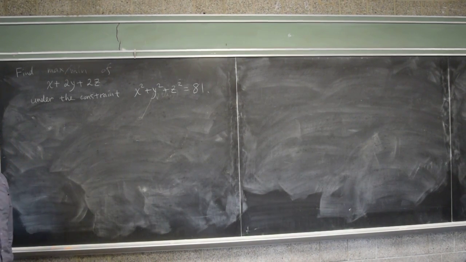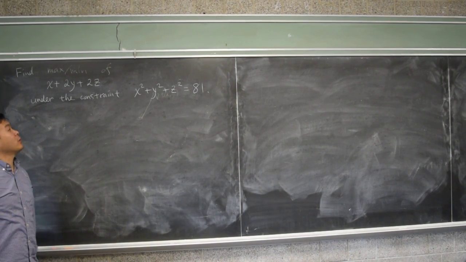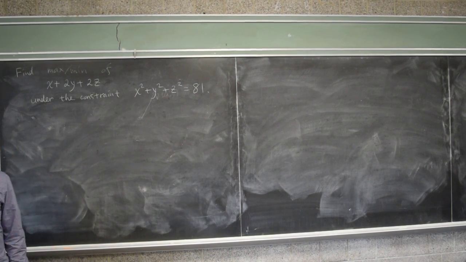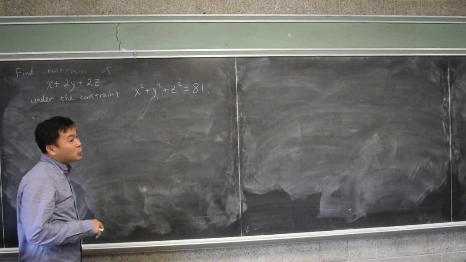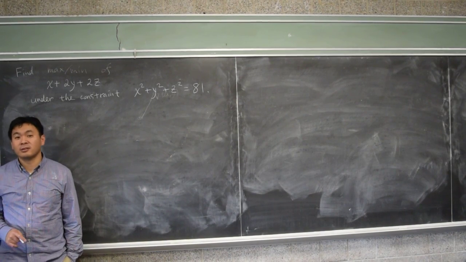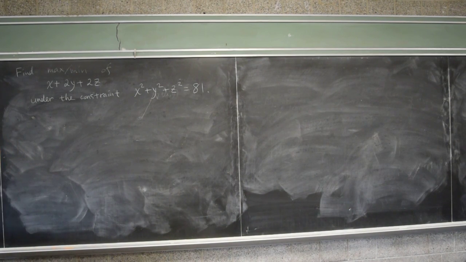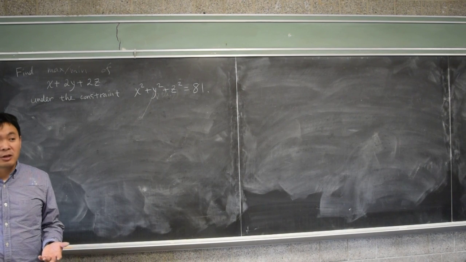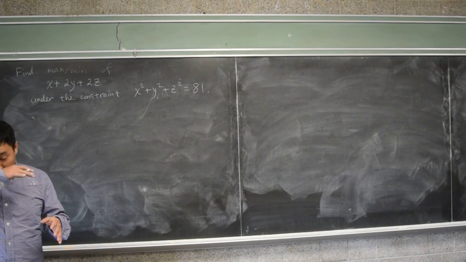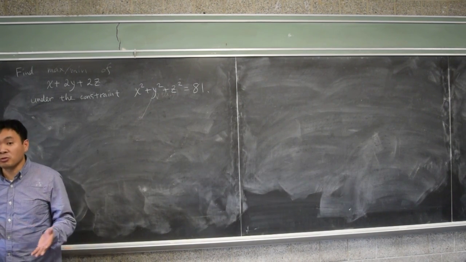Now notice that this is a constrained optimization question. So what do you use? Lagrange multipliers. This is in 3 variables rather than 2, but the same geometrical property holds.